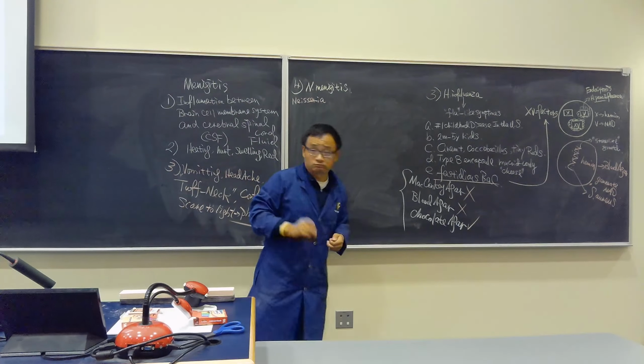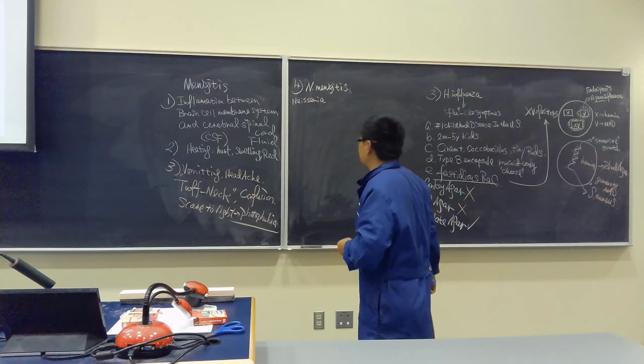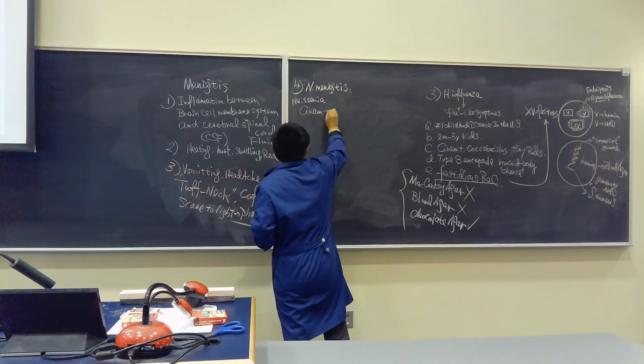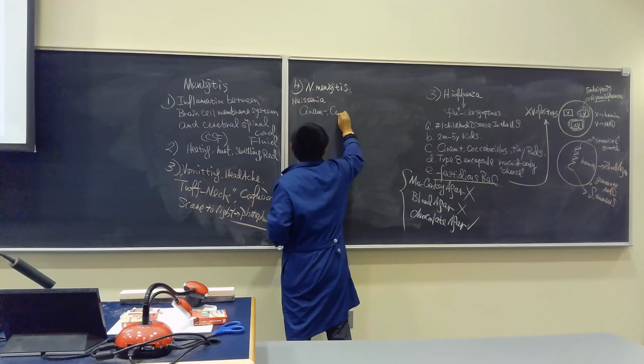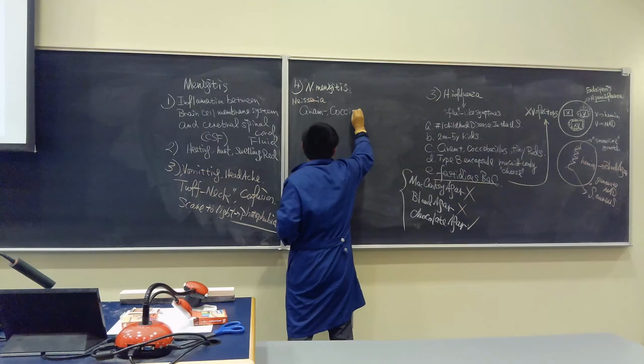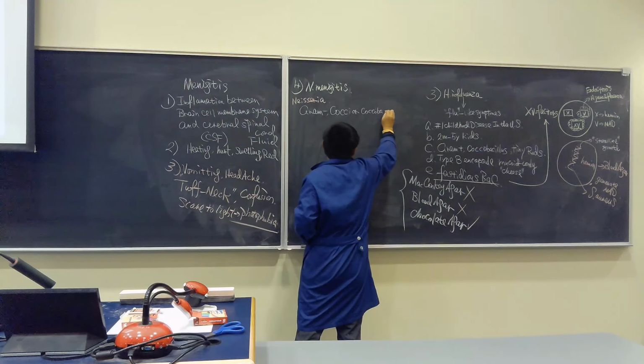Very interesting. Look at the characteristics in the picture. What is that? Gram-negative cocci, or we say coccobacillus. But what is the arrangement? It looks like this.